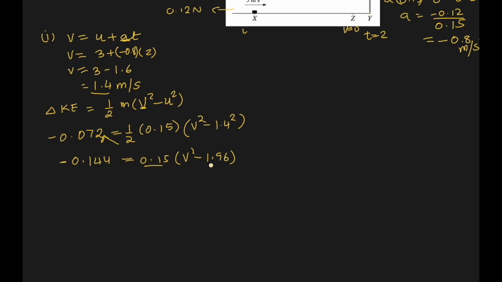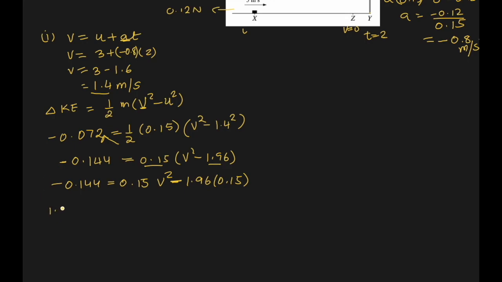So let's multiply these two. So minus 0.144 equal to 0.15 v square minus 1.96 times 0.15. This negative will become positive when it goes to the other side.